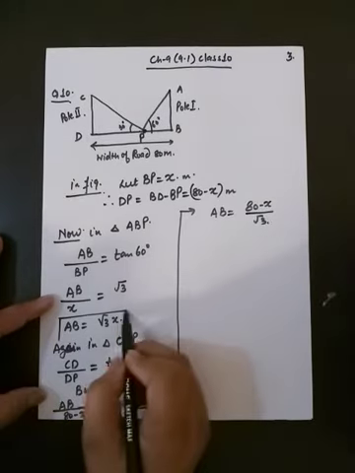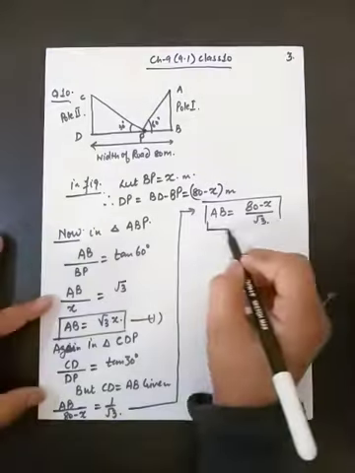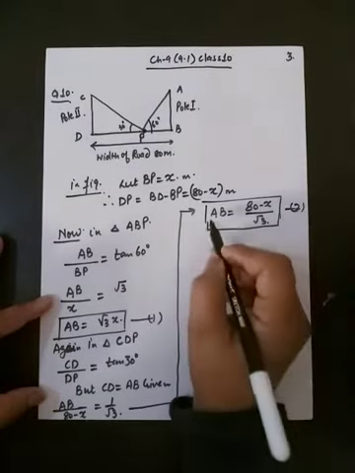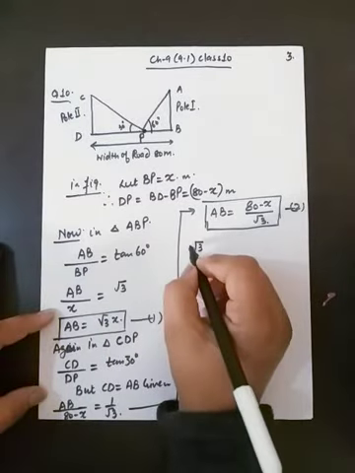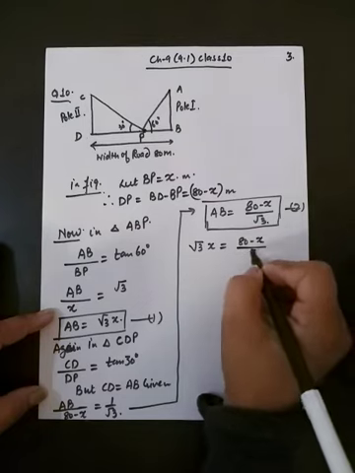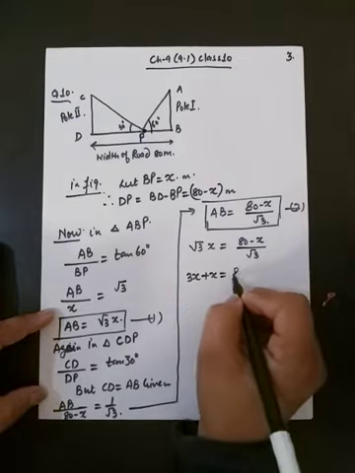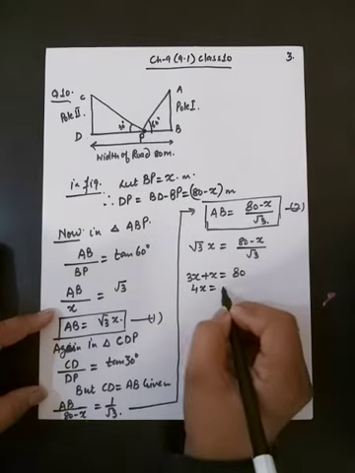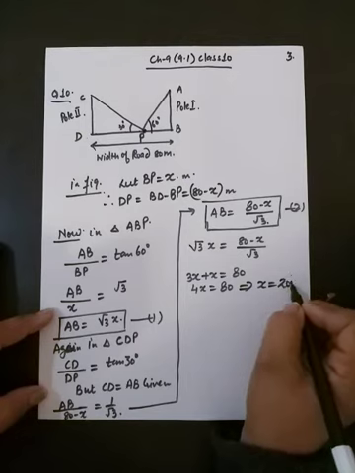Now this one value is also of AB and this one is also of AB. So putting the value of AB in equation 2 from 1, we get √3x is equal to (80 minus x) by √3. Here we get 3x plus x is equal to 80, 4x is equal to 80, and this gives x is equal to 20 meter.